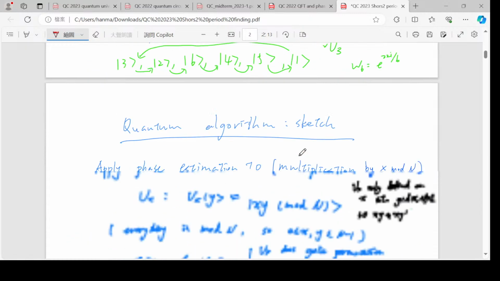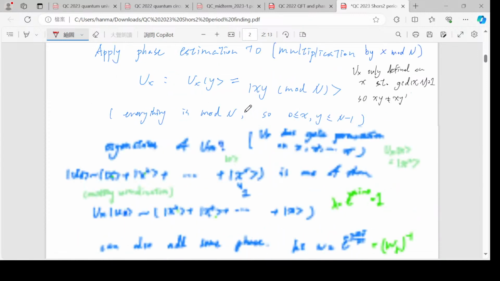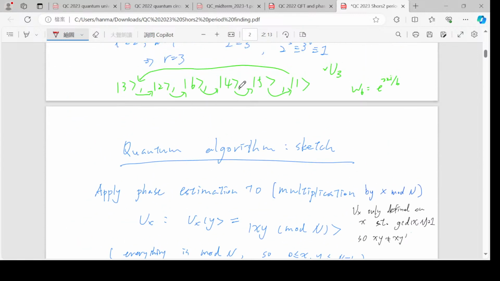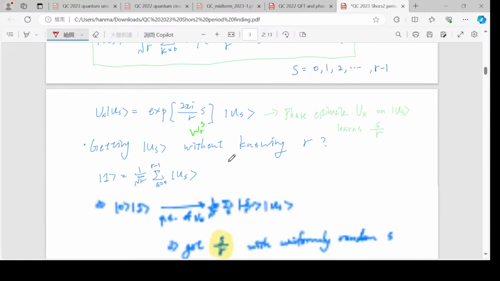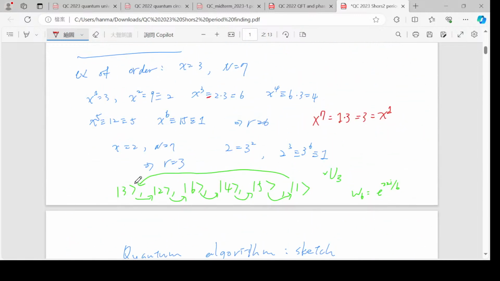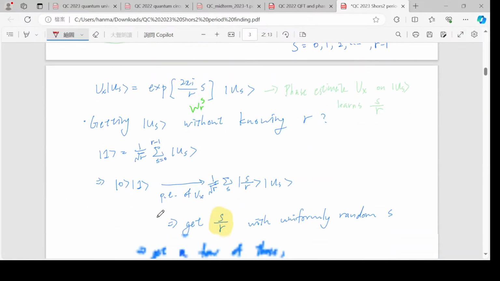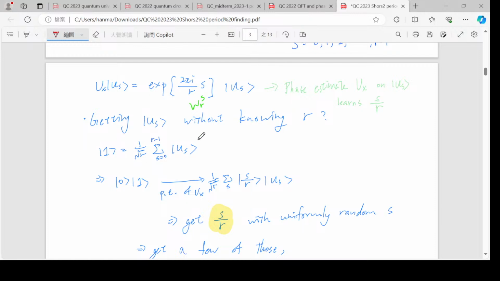So if you can get the phase estimation on any of the eigenvectors, you can get some s over 6. We don't know the eigenvectors, but we know a good superposition of eigenvectors, that is 1. You don't need to do any calculation to know 1, and this 1 is actually the superposition of all eigenvectors.